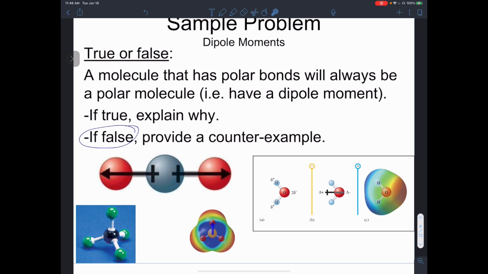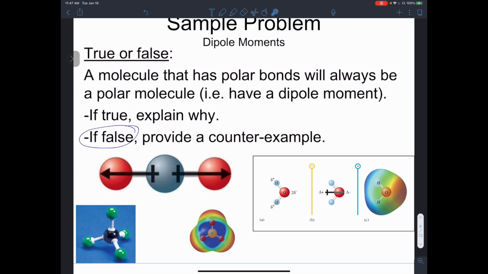The same is true here. If you have poles out towards these oxygens, because oxygen's more electronegative than most, then these three vectors cancel one another out. They're pulling with equal strength in three equal lateral dimensions, so it cancels one another out.